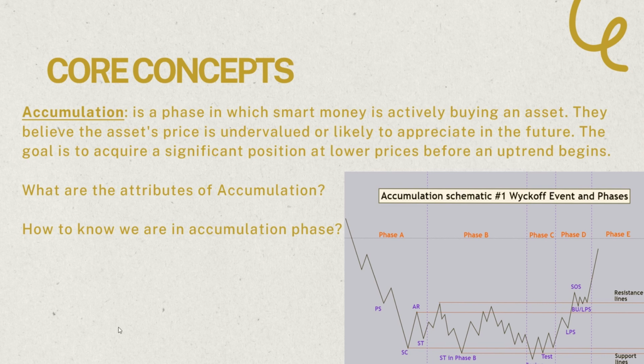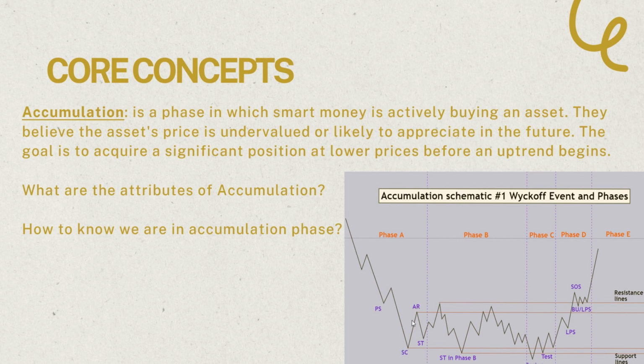So what are the attributes? How do you know when the market is accumulating, when institutional traders are accumulating a particular asset or currency pair? What are the attributes of accumulation? During accumulation, price often moves within a trading range or consolidates. So this range here, this is what you have during accumulation.